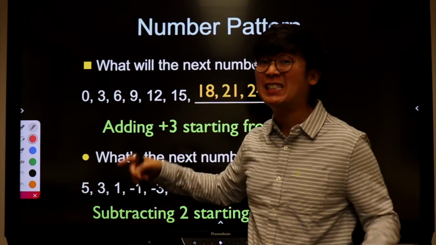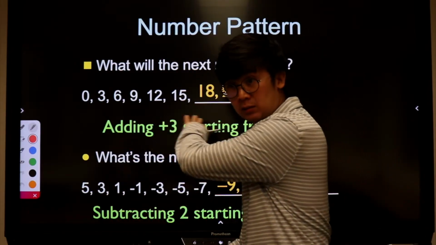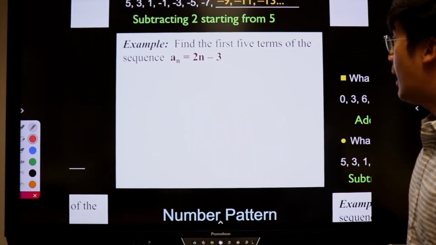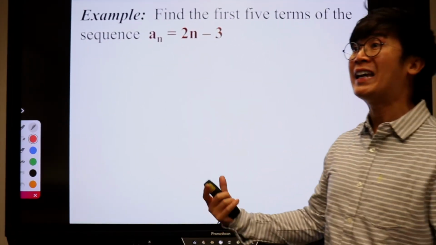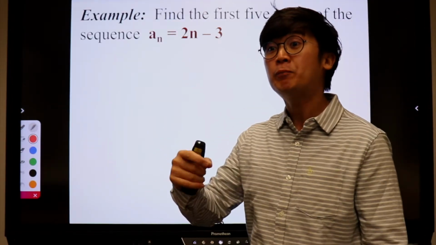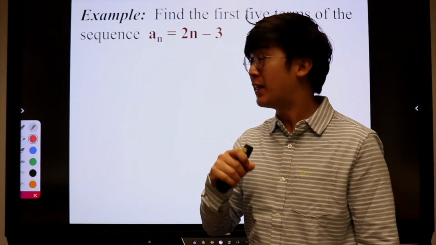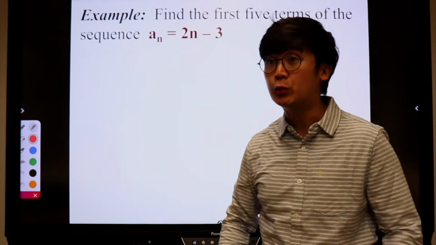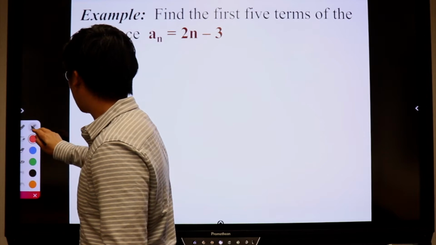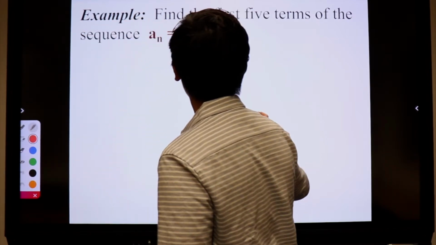So that is what's special about the sequence and the pattern of this number. And now, since we know how we can describe the pattern to a certain sequence, sometimes we produce a mathematical formula that we follow so that we can produce the sequence of number in mathematics. Just like this example.